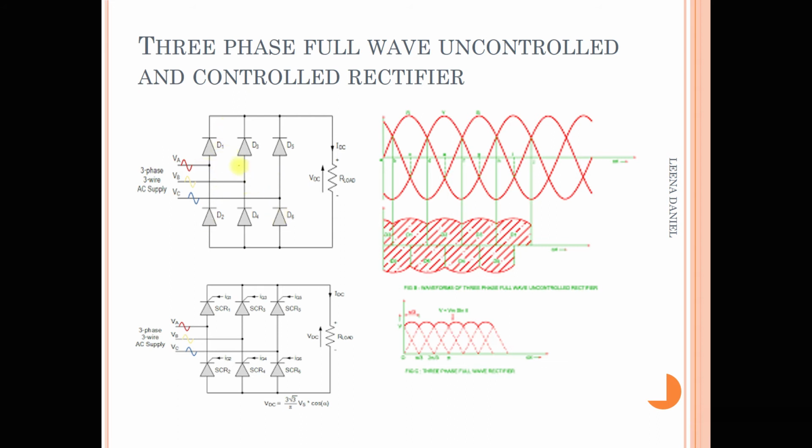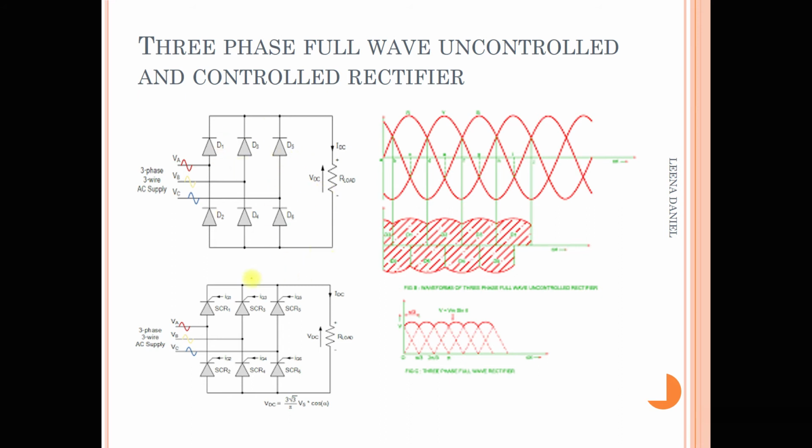Here these are known as the legs of the bridge rectifier, and the diodes and thyristors connected in the same leg will never conduct together. What happens if they conduct together? They will short circuit the input, or it can short circuit the load also. That's why the same leg thyristors or diodes would never conduct together.